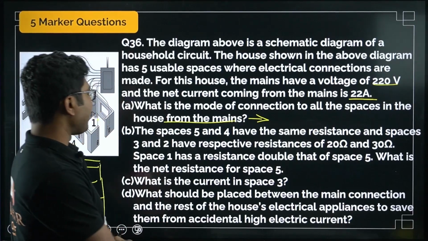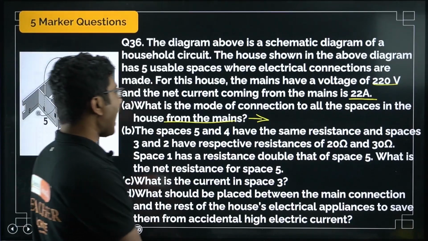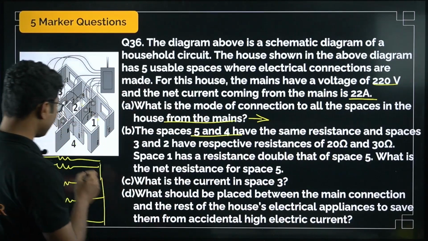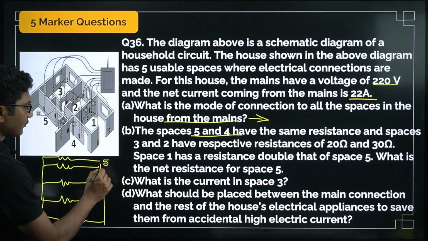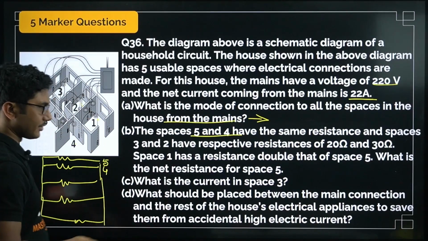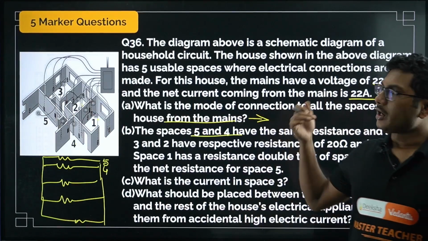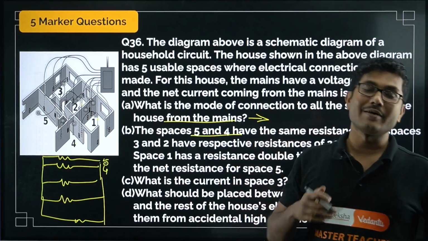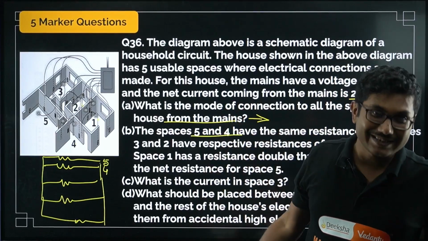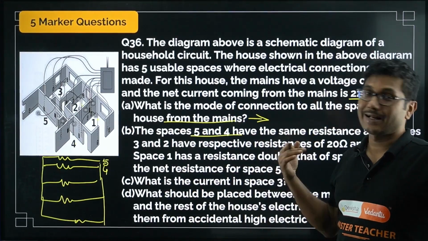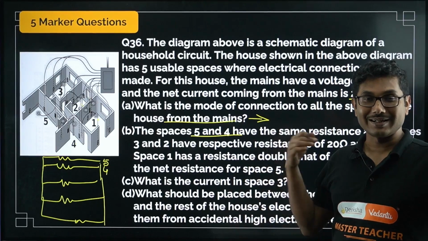Spaces 5 and 4 have the same resistance. Say this is 5, this is 4. You have to take the resistance to be some unknown value. If it was mathematics, you would have taken that unknown value to be x. Since this is physics and we are a little smarter, we will assume that the resistance is r.